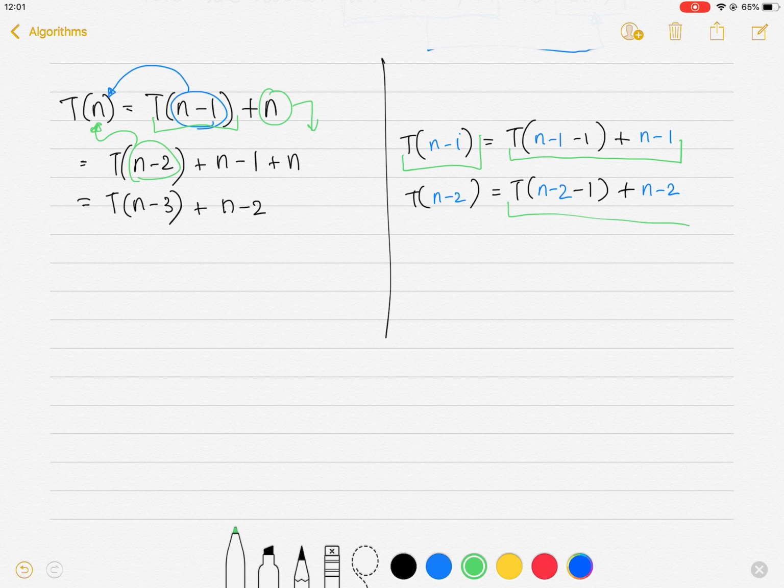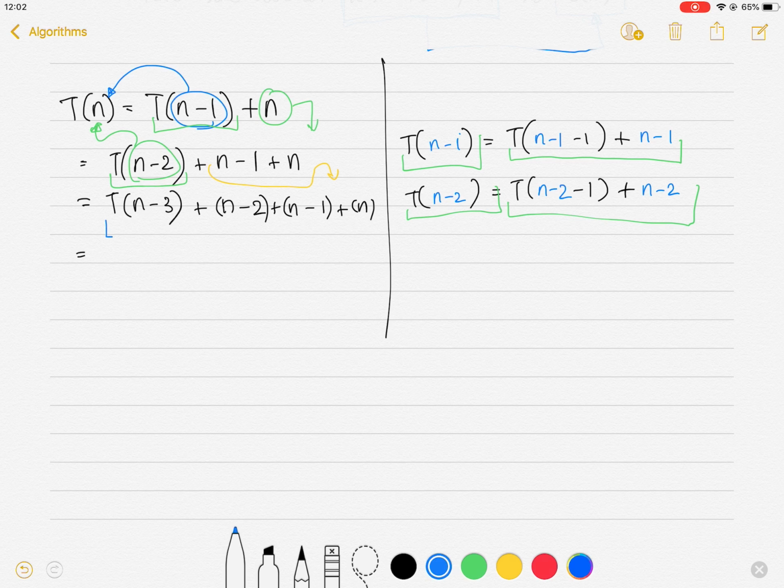This part is just t of n minus 2, which is this part, so we have to bring all the rest down. When you bring it down, you might not see a pattern until you have some parentheses here. So I could do one more recursive call just to make sure. So what is t of n minus 3?